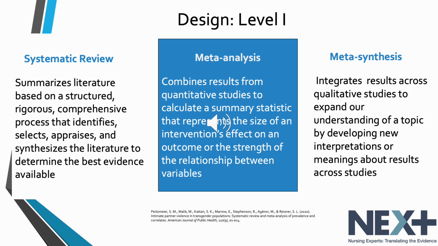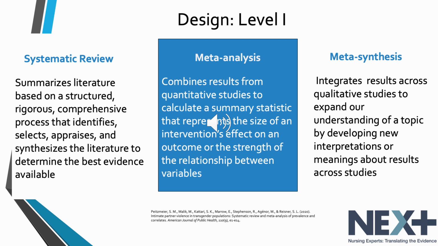This is the size of the effect of the intervention on the outcome, or it's the strength of a relationship between two variables across the studies. A metasynthesis is a compilation of qualitative studies. While we consider Level 1 the strongest, remember, evidence from these summaries is only as strong as the studies included in the review.